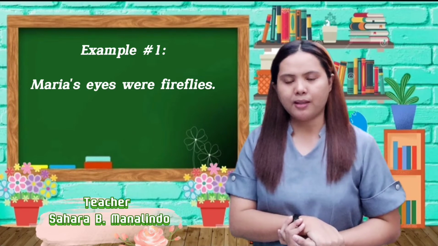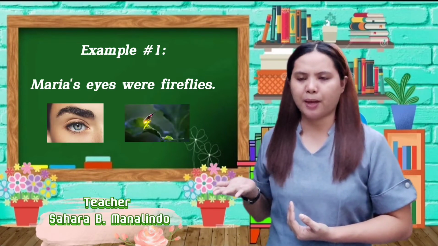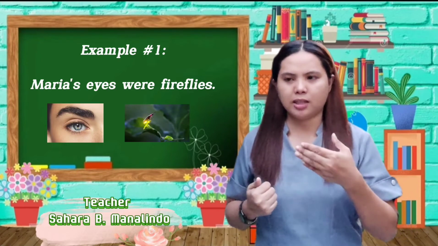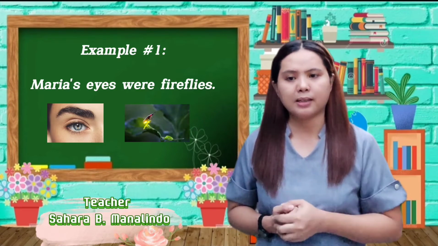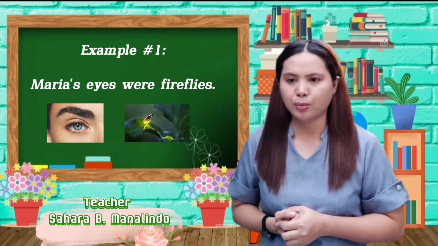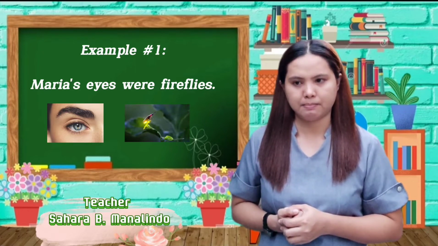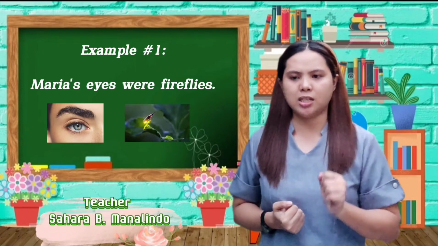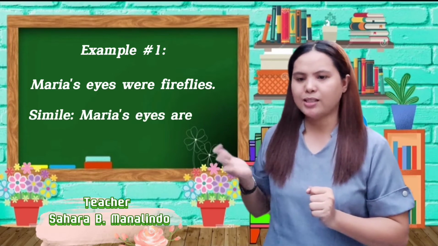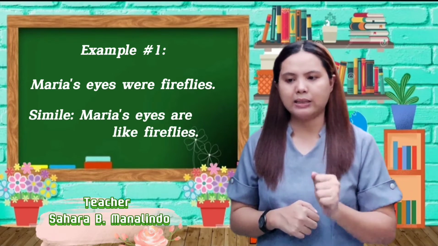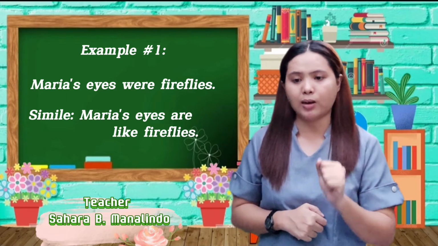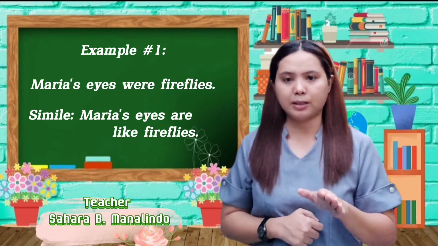In this example, Maria's eyes were compared to fireflies to give emphasis to her bright eyes. A metaphor can become a simile by adding the word like or as. In this example, we can change it to Maria's eyes are like fireflies. Again, class, keep in mind that simile uses the word like or as, while metaphor doesn't.